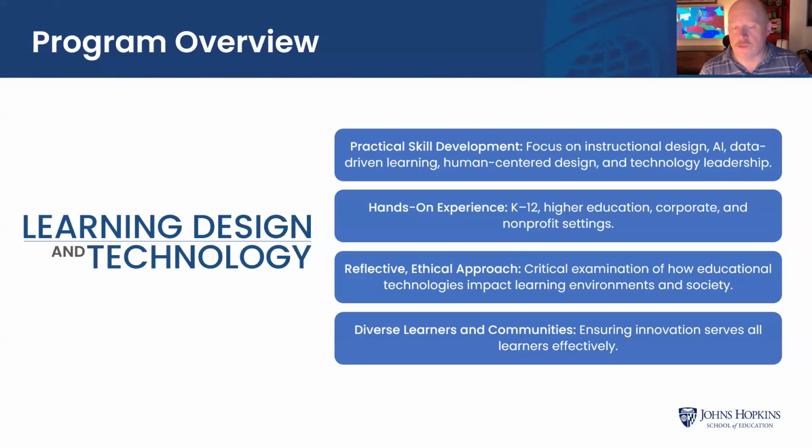And so it's a 10-course master's degree program that gives you a very strong foundation in the learning sciences, and we'll talk more about that in a minute or two. And that also gives you a very strong foundation in critical approaches to the use of technologies, right? So you'll be developing hard and soft skills in this broad field of learning design and technology.